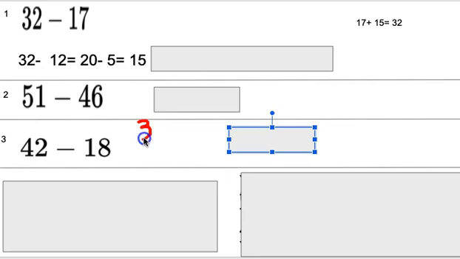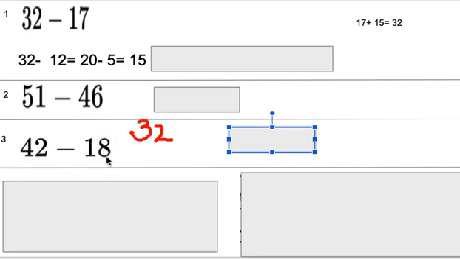Now, one thing that I saw that I'd done wrong was I knew if I had to regroup this, my 2 was going to be 12, really. Somewhere or another, it was going to be 12. And I know that 12 minus 8 wasn't going to end up being 2.